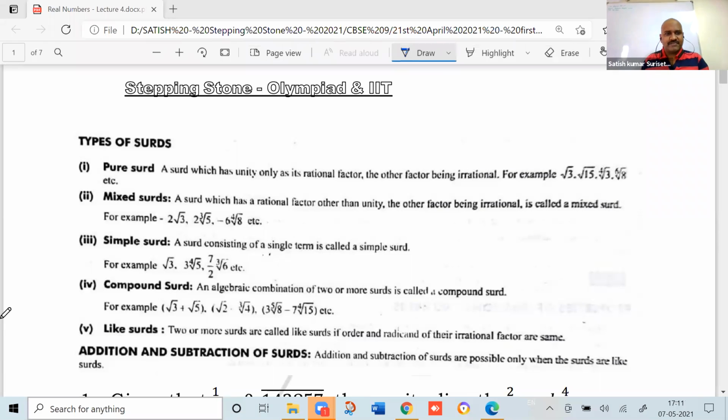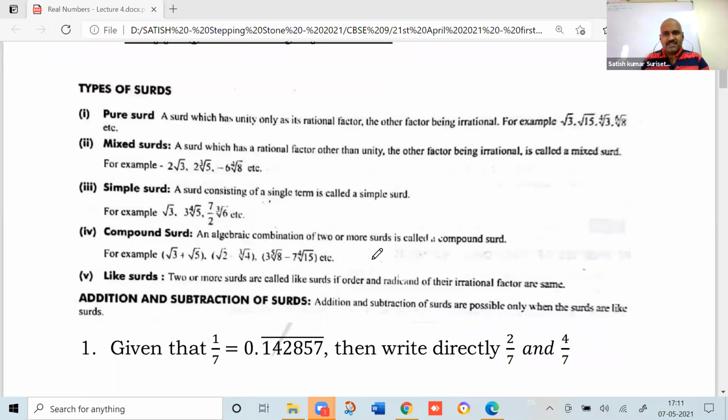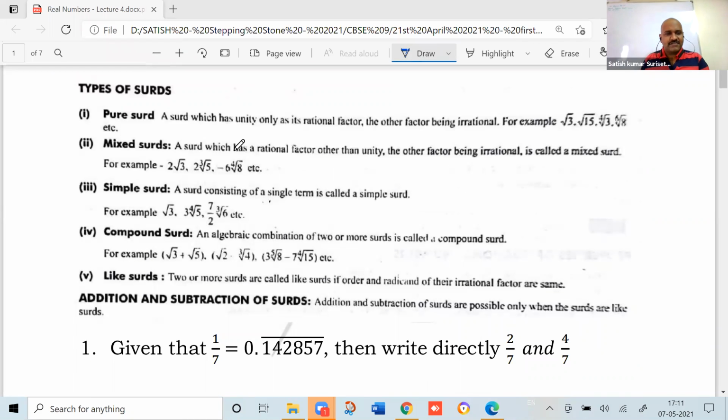Now, types of surds. Just listen, you write later. Pure surd. So what is meant by a pure surd? A surd which has unity only as its rational factor, the other factor being irrational, is called a pure surd.